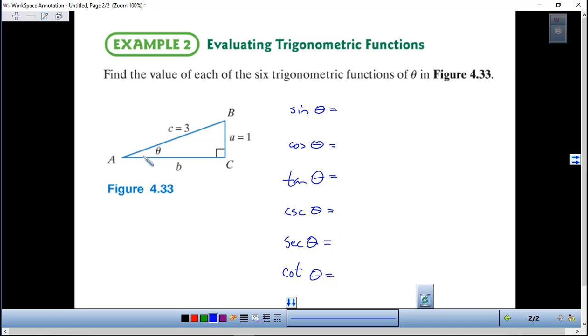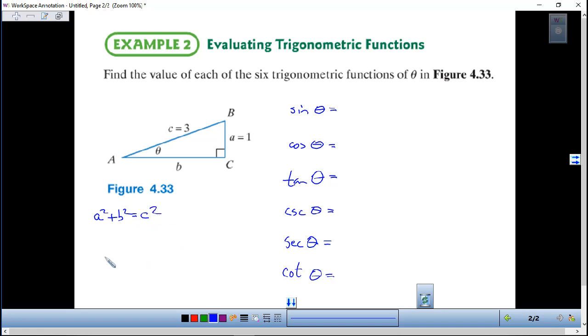Now, based on our theta here, we've got the opposite is 1. We don't know what the adjacent is, and we've got to find it out from the hypotenuse and Pythagorean's theorem, but the hypotenuse is 3. So we know that a squared plus b squared equals c squared.